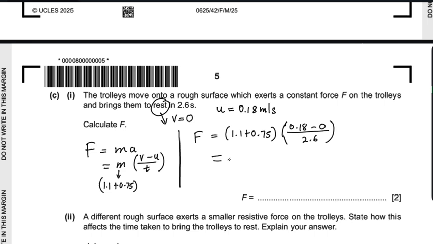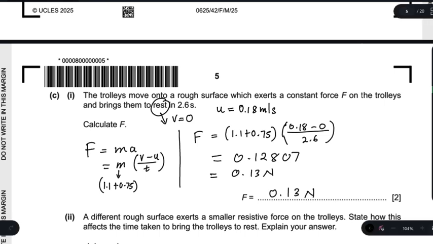I'm getting 0.12807, which is approximately equal to 0.13 newtons. By the way, I think I made a mistake here. I need to come back and replace these values properly up there.